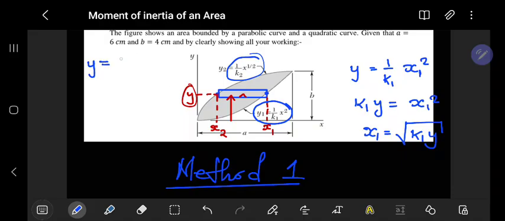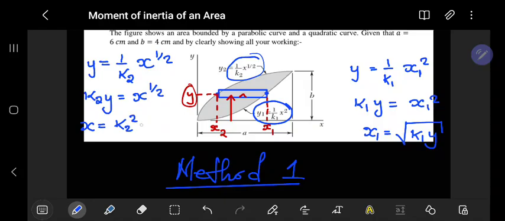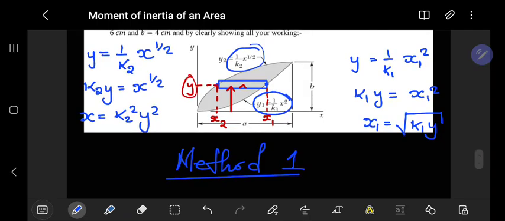So you have y is equal to 1 over k2, and then we have x2 raised to the power 1 over 2. From here, we get k2 y equals x to the power 1 over 2. So that in the end, if we wanted to get what x is, square both sides, x will now be equal to k2 squared and then y squared. So these are the two expressions for x1 and x2. This was x1, this is x2. Let's just put subscript 2 there.